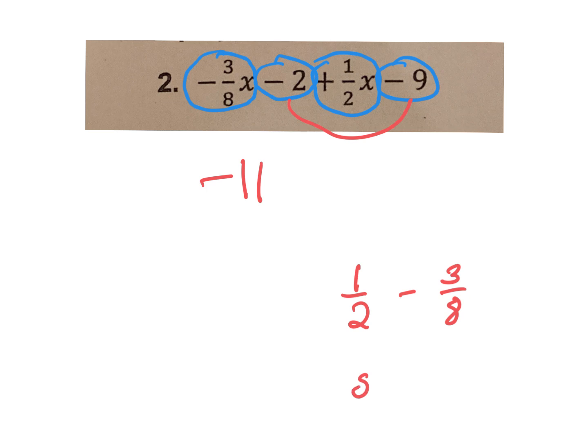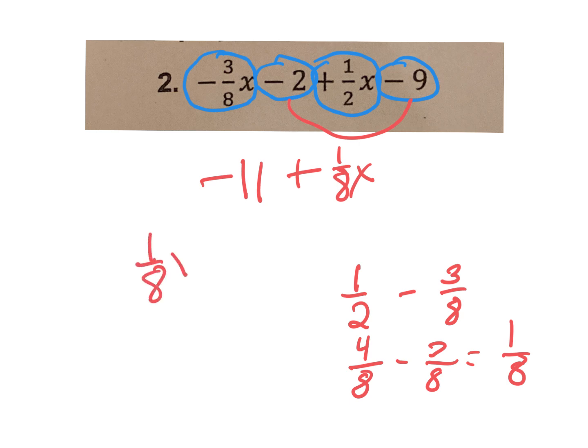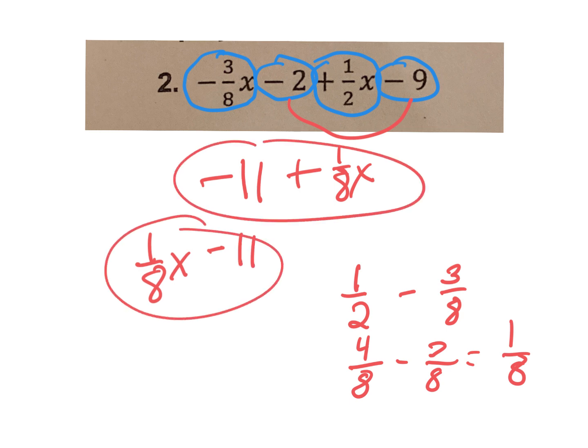Make this into an 8. 4/8 minus 3/8 equals 1/8. And it's a positive 1/8 x. So it could be that, or you could do 1/8 x minus 11. Either way is fine.